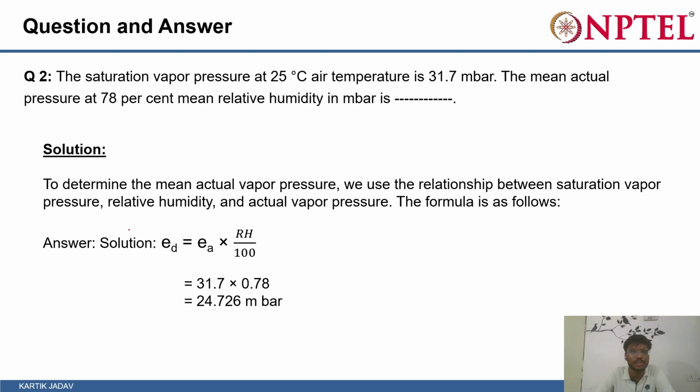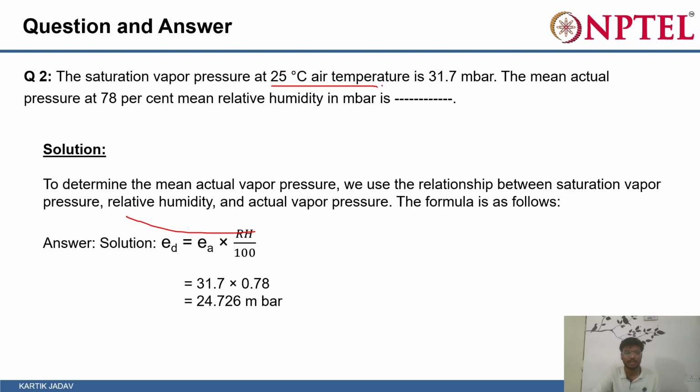Next question: the saturation vapor pressure at a temperature of 25 degrees centigrade is 31.7 millibar. The mean relative humidity is 78%. We need to identify the mean actual vapor pressure in millibar.